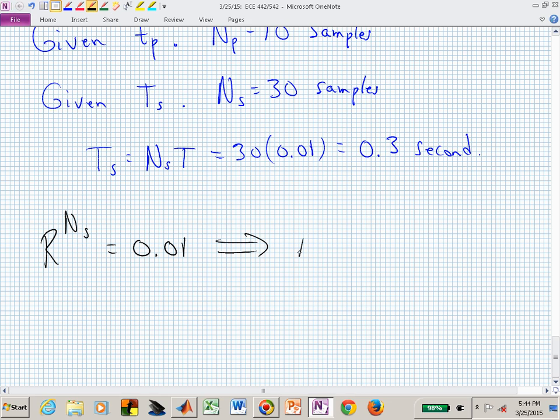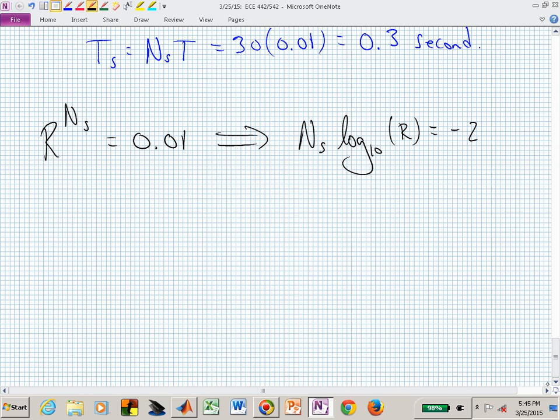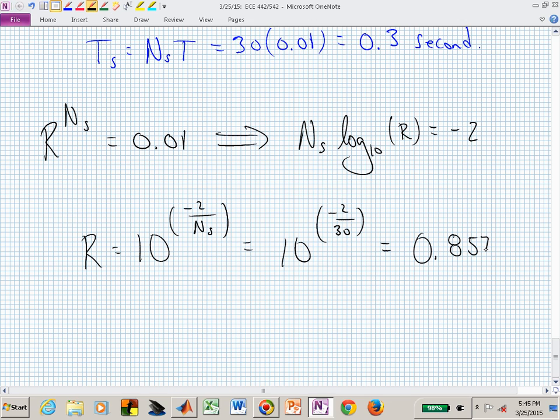We can now take the log base 10 of both sides and now solve for R. And I've already calculated that to be 0.8577, which makes sense.